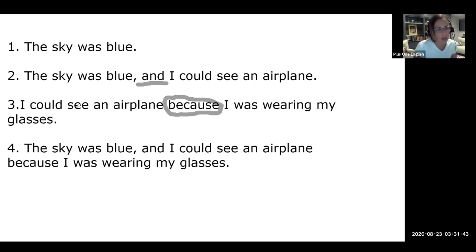And so we know this is a complex sentence. And last sentence, the sky was blue, comma, and I could see an airplane because I was wearing my glasses. So here we go. We have the ultimate sentence down here, the compound complex sentence.